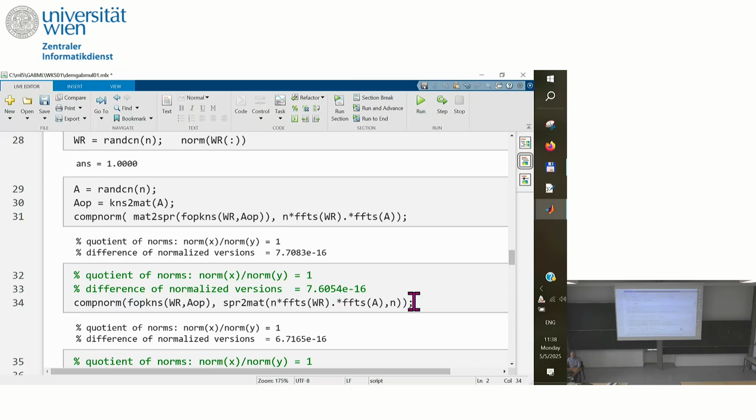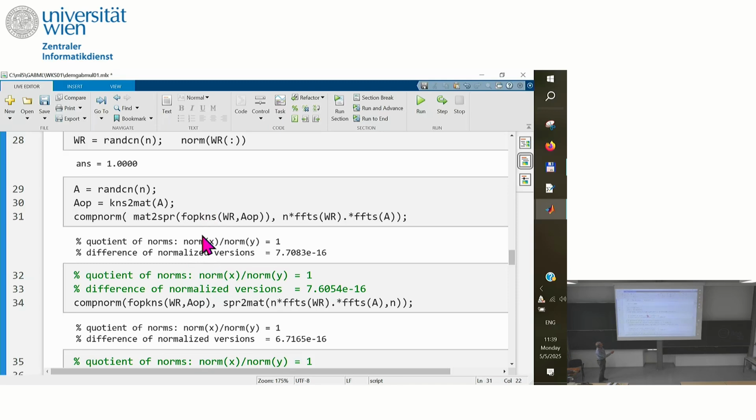Okay, so I have the idea that in this line here, we are looking now at the convolution of operators. It's a little difficult here.